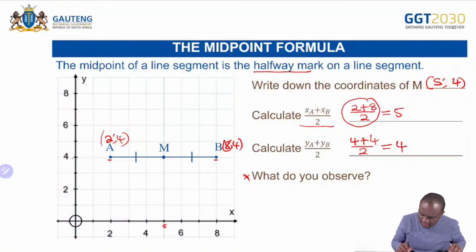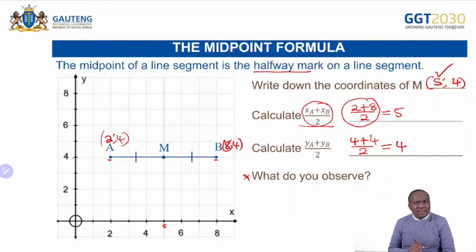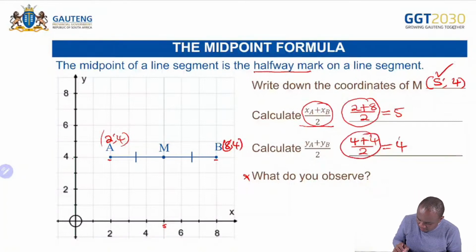So the average of the x coordinates will give you the x coordinate of the midpoint. And the average of the y coordinates gives you the y coordinate of the midpoint.